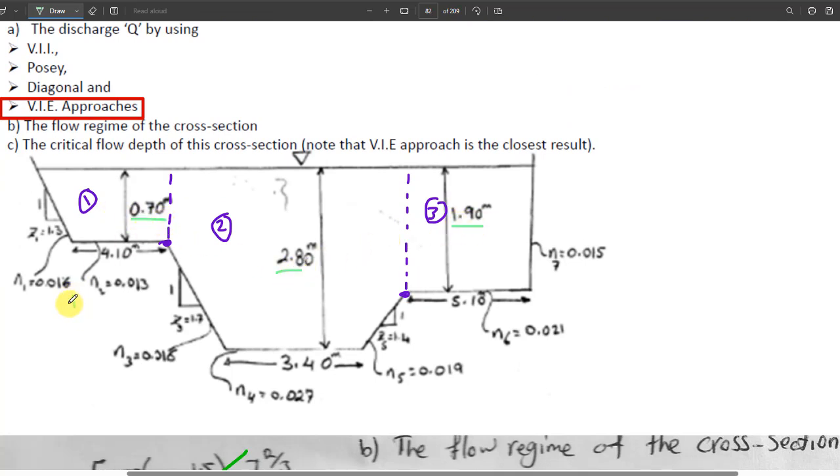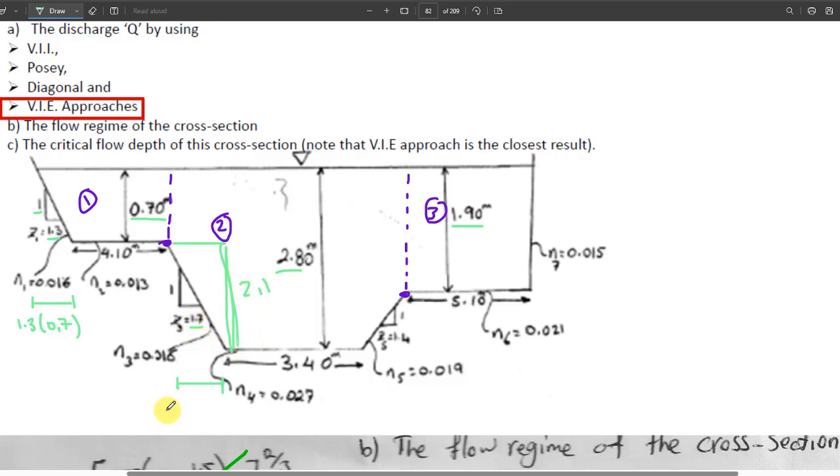Therefore we can directly get this one, because it says 1 to 1.3, so here it is 1.3 times 0.7. Vertically, how much is this distance? 2.8 minus 0.7, 2.1.